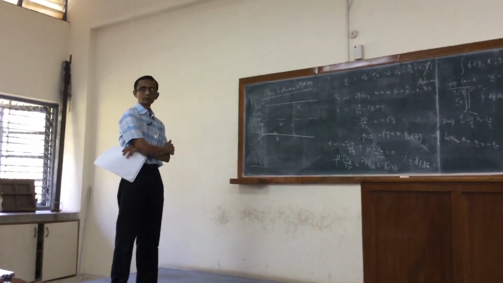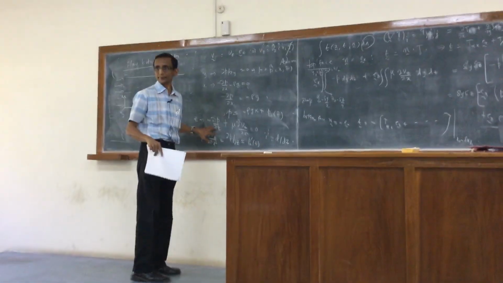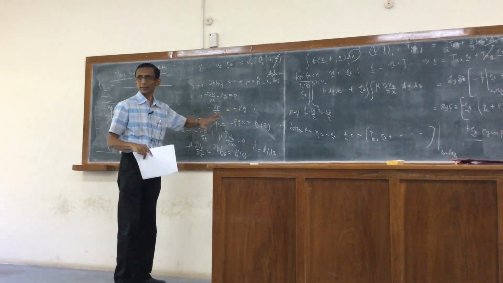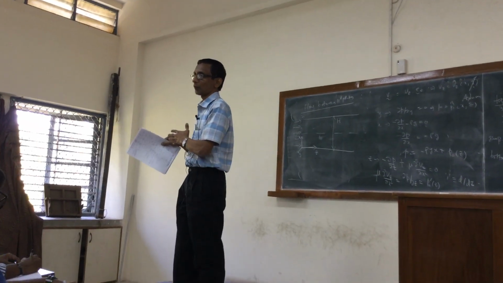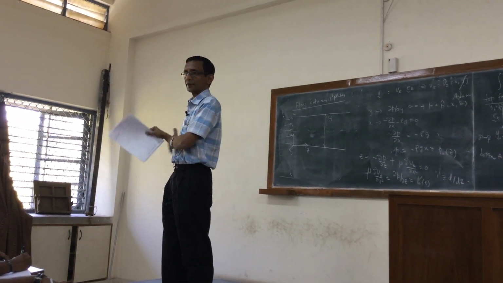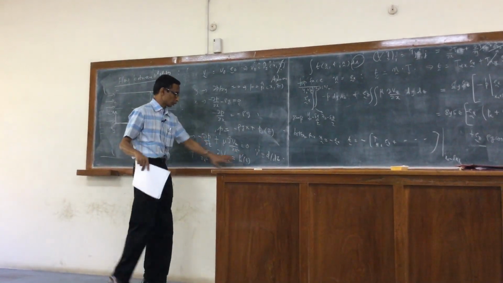Of course, in general dP by dz is a function of both x and z. But in this special case, it has two components, one dependent only on x, one dependent only on z. So dP by dz would be P naught prime of z.